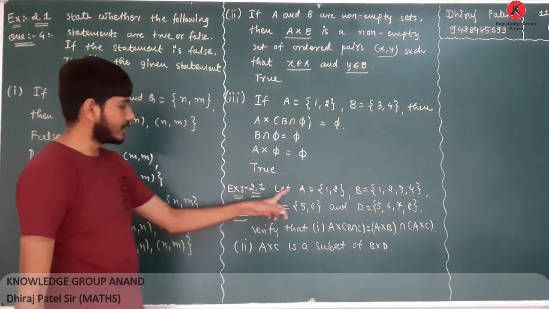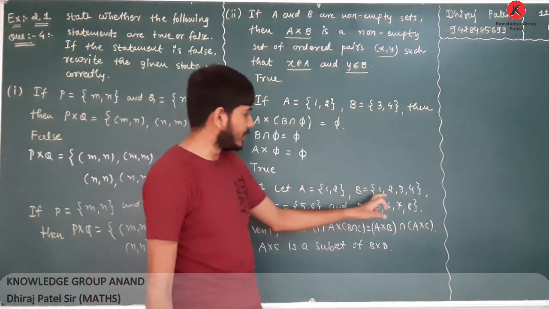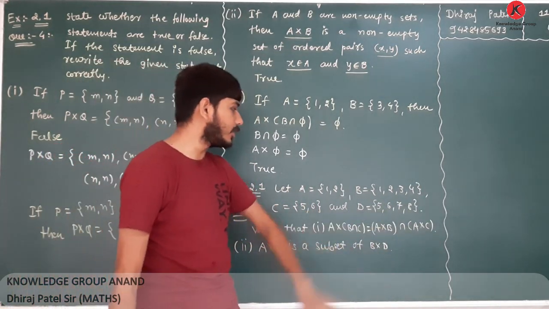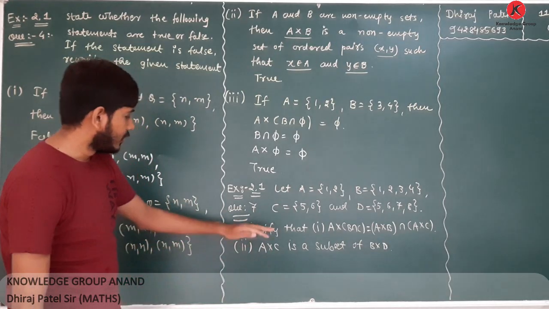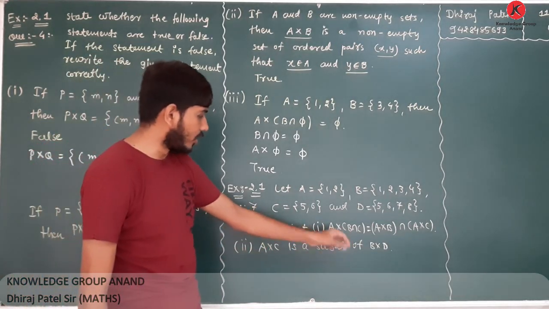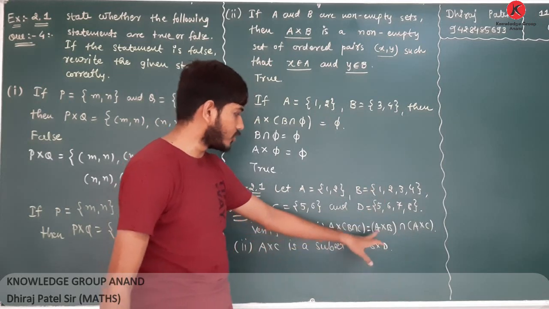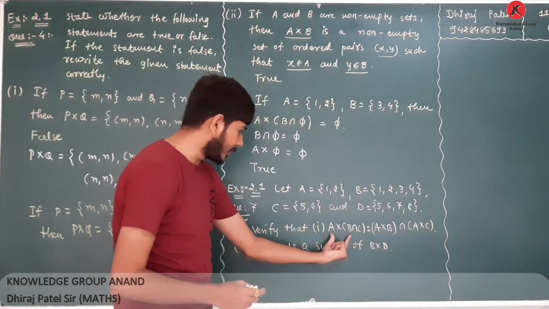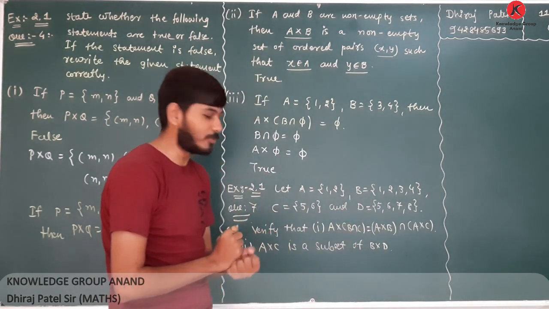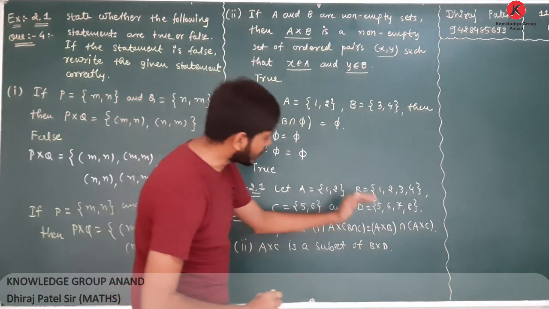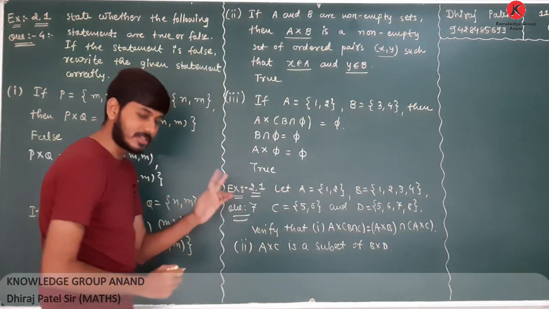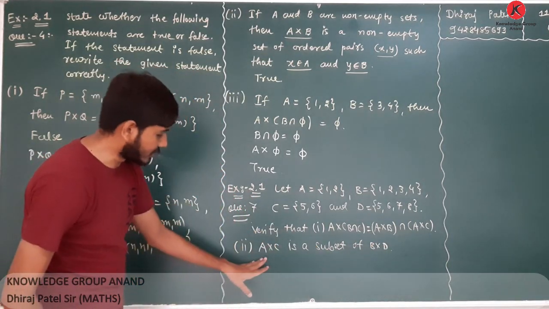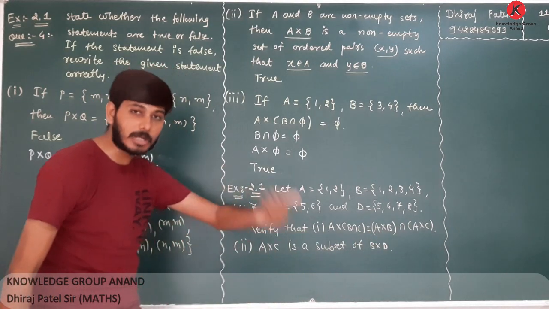Let set A equals 1, 2, set B equals 1, 2, 3 and 4, set C equals 5, 6 and set D equals 5, 6, 7, 8. Then verify that A cross B intersection C equals A cross B intersection A cross C. We have just verified a similar statement in the previous question. Second one: A cross C is a subset of B cross D. What does it mean?